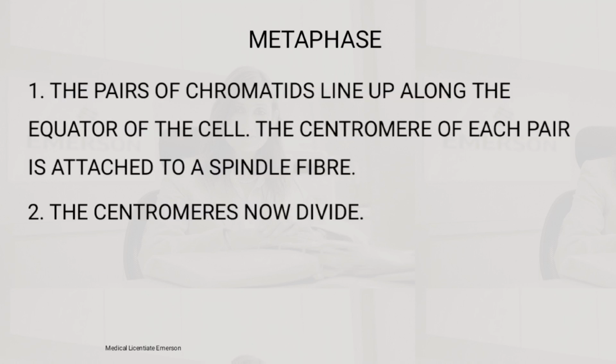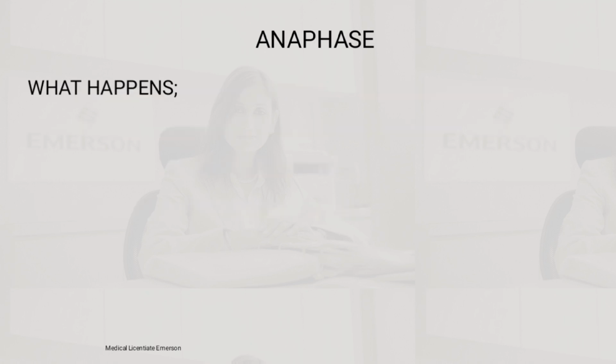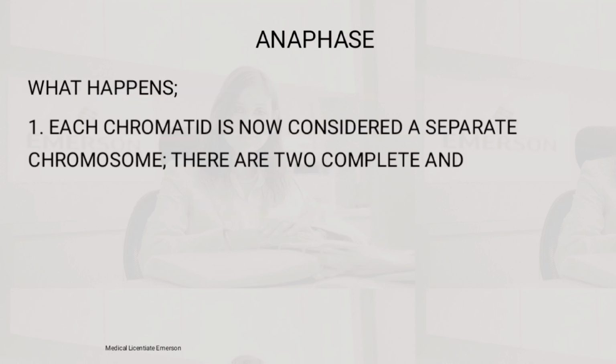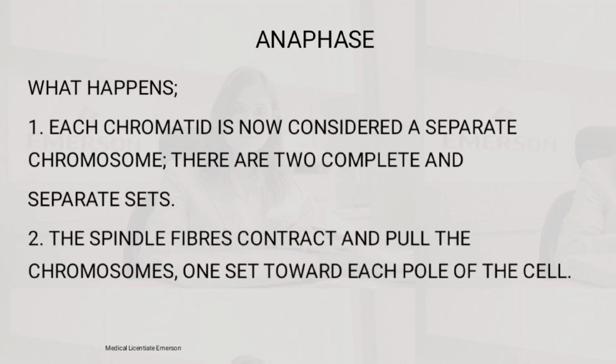Continuing from metaphase, we go to anaphase. What happens in anaphase is that each chromatid is now considered a separate chromosome, and there are two complete and separate sets. The spindle fibers contract and pull the chromosomes, one set toward each pole of the cell.